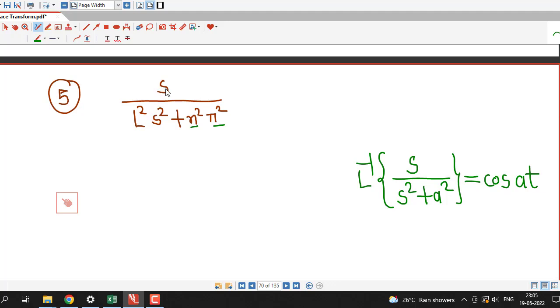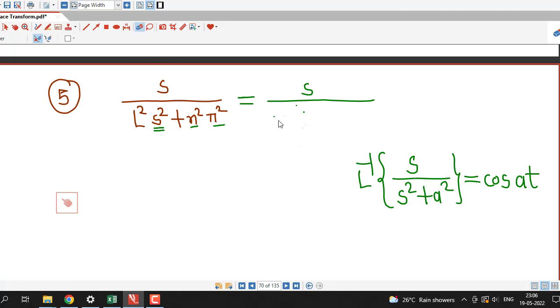But this is not in this form. Here the coefficient of s square is not 1, it is L square. So first we have to rewrite this function in this form so that we can use this formula. We require the coefficient of s square to be 1, so we take L square common and we can write this as, we divide by L square.